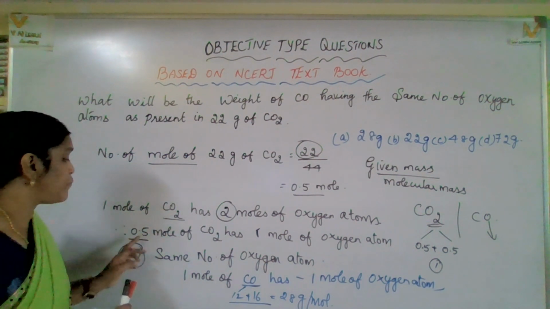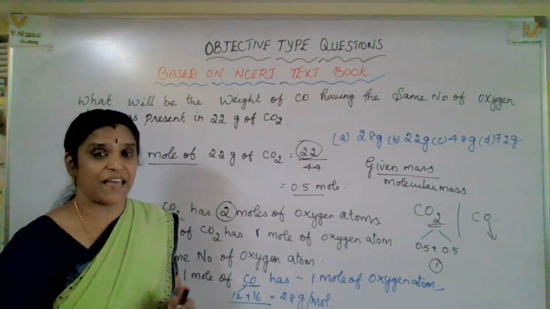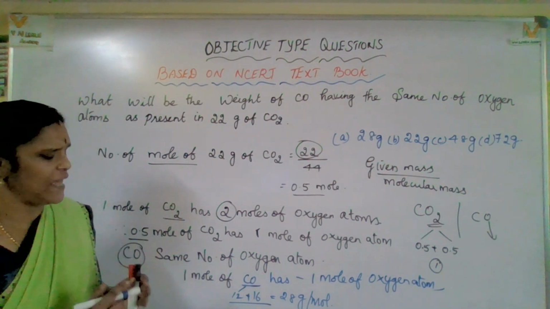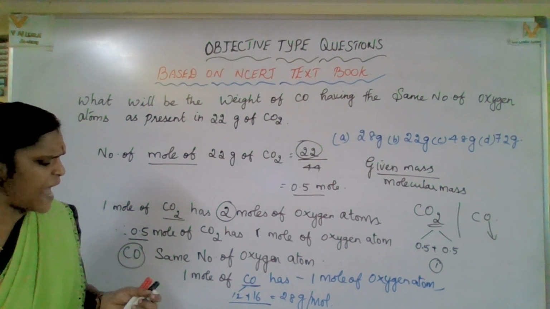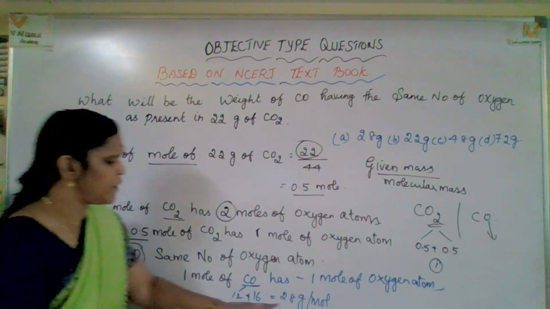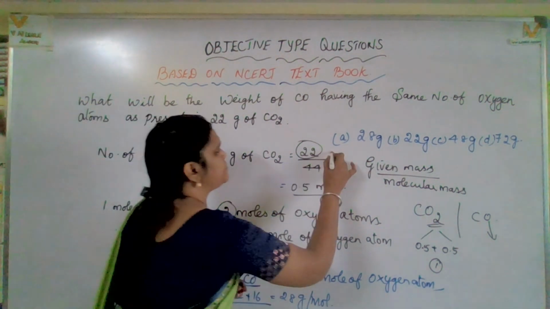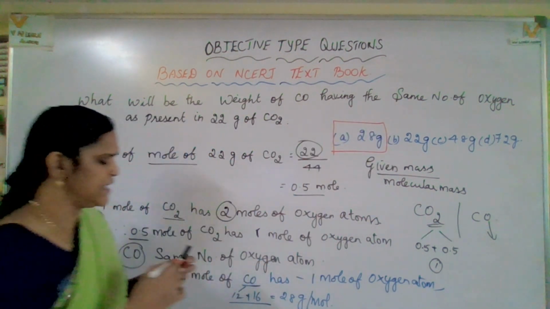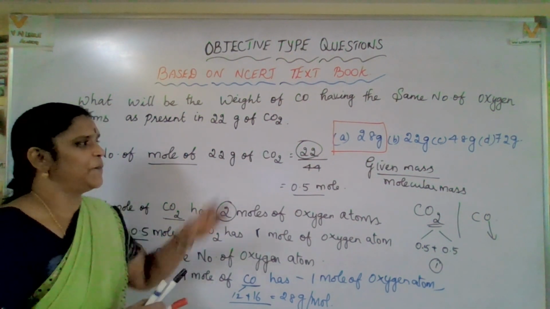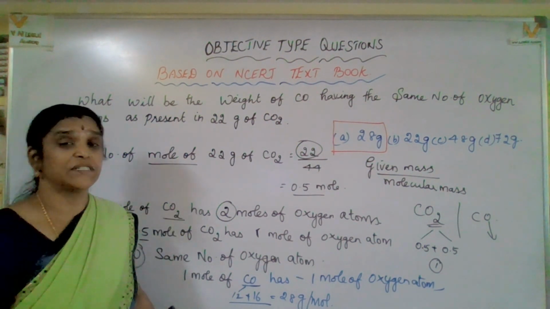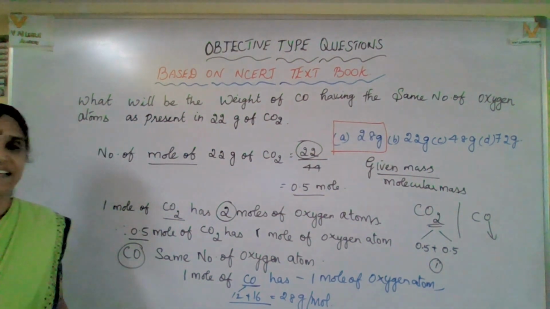But 0.5 plus 0.5, in that way we have to consider. I hope you got a clear idea. Okay, now what is the answer here? They have provided 28 gram per mole here, which is the correct option. Option A is the correct option. See, I hope you got a clear idea. Come on, let us go some more important and interesting questions.